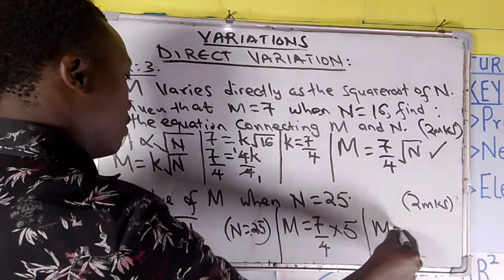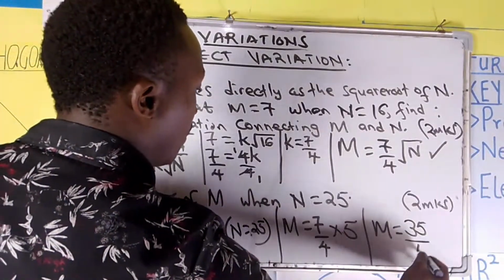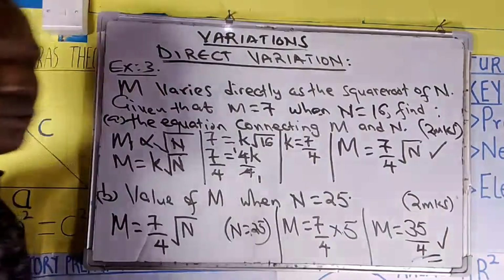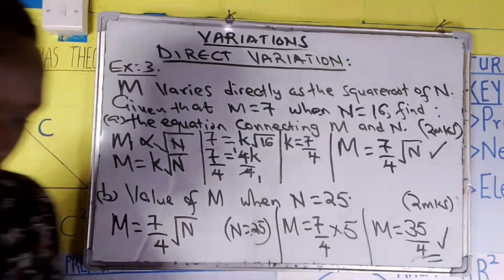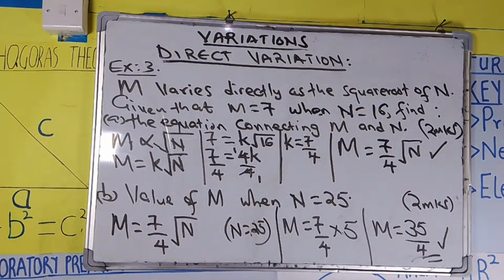So our m is going to be 7 times 5 is 35, so it will be 35 over 4. Have we understood? Our m will be 35 over 4.